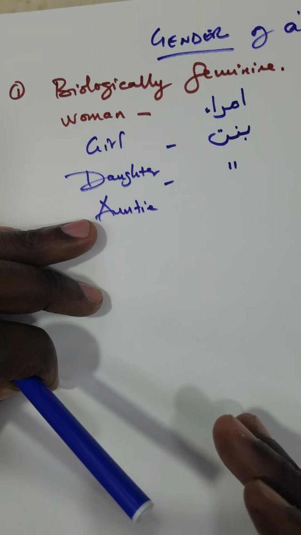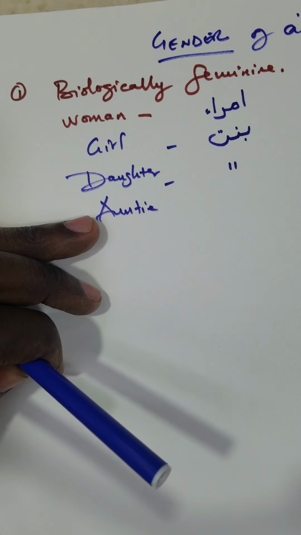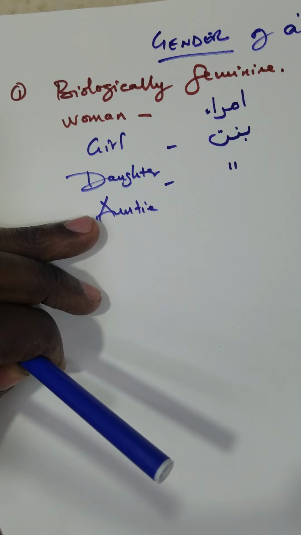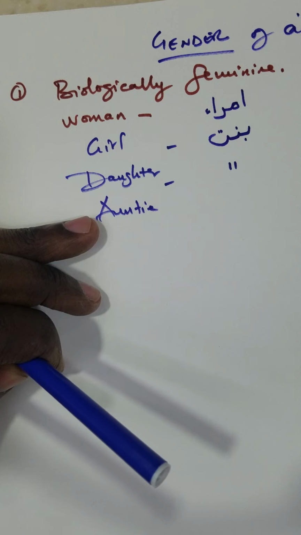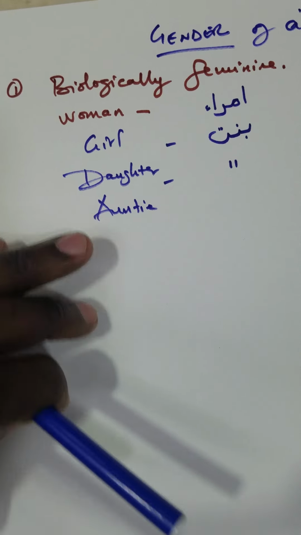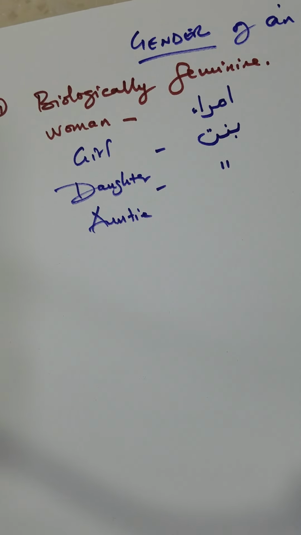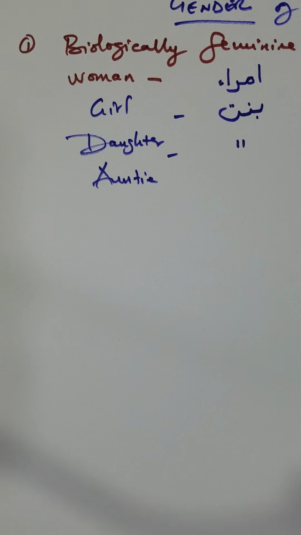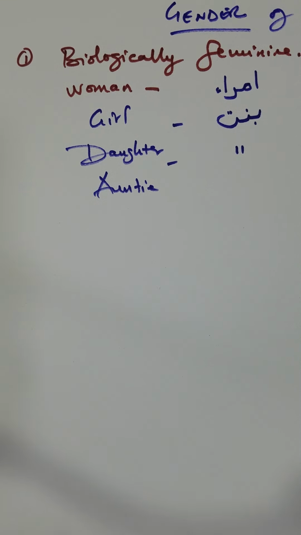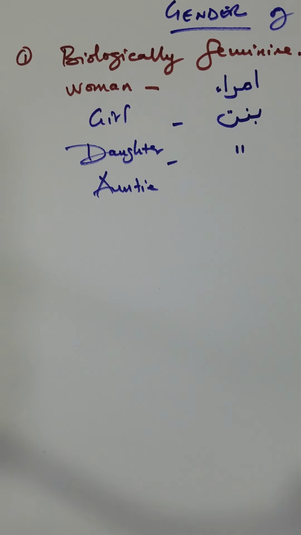So I don't think we have to waste a lot of time here. There are words which are biologically female: when you hear the word, you already know I'm talking about a woman or something female.